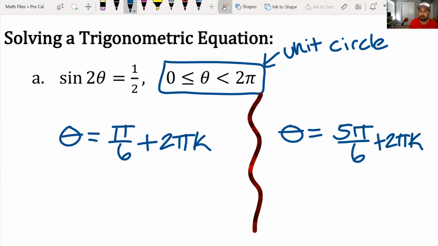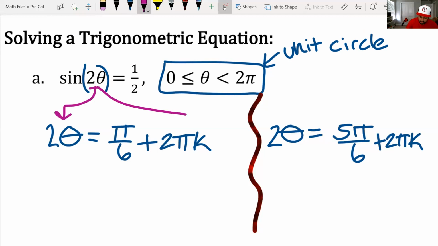So all we have to do is put a 2 in front. 2 theta equals pi over 6 plus 2 pi k. So this 2 theta goes right there. Okay, now we have the general solution, but now we have to solve it for just theta.